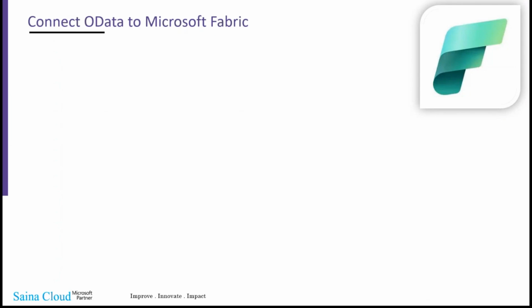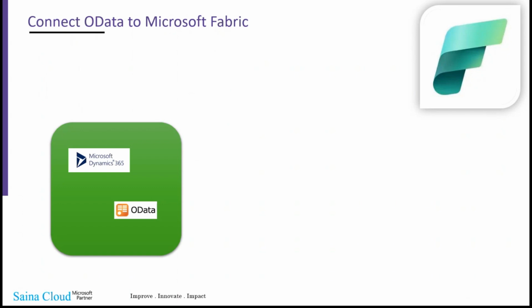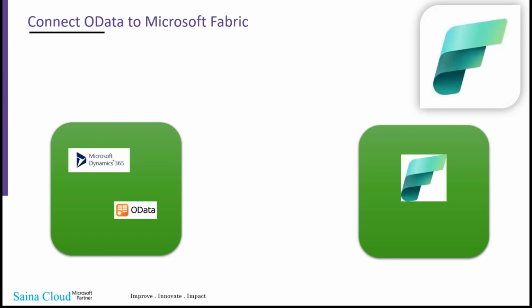Now I'll show you a small flow about the demo, how integration with Dynamics 365 Finance and Operation works with OData. What we are doing is getting that Dynamics 365 Finance and Operation URL. Then we want all the entities in Fabric.